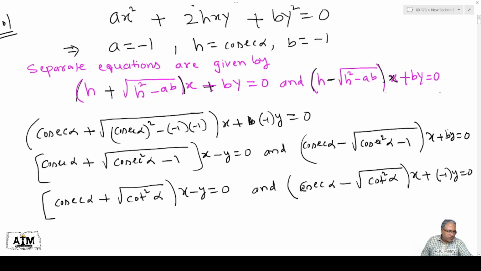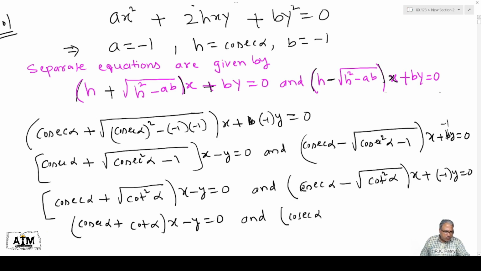Here we could have kept minus 1. So this is equivalent to cosec alpha plus cot alpha multiplied to x minus y equals to 0, and cosec alpha minus cot alpha multiplied to x minus y equals to 0.